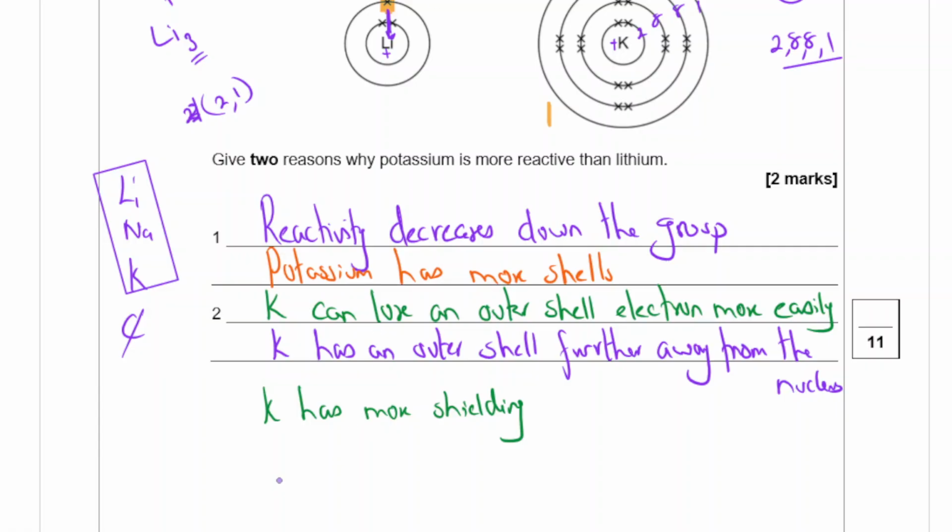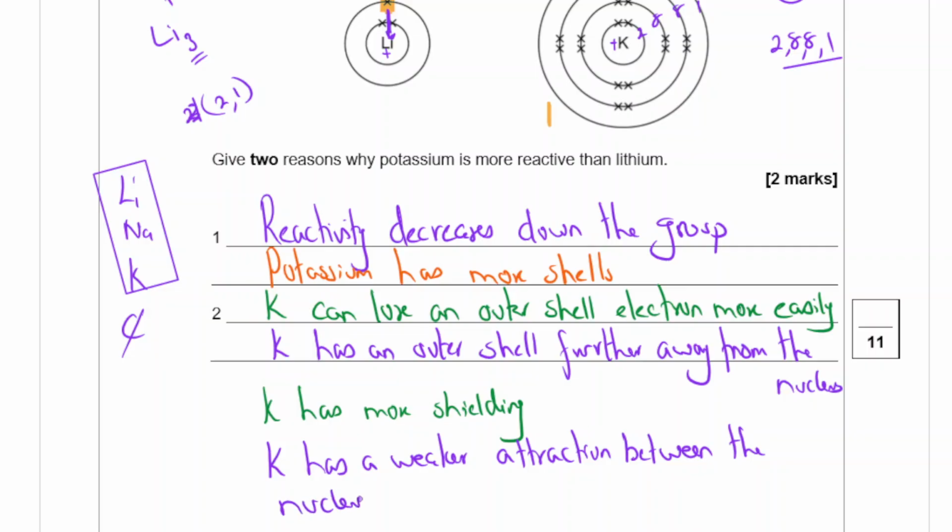Finally, you could also say potassium has a weaker attraction between the nucleus and the outer shell electron.